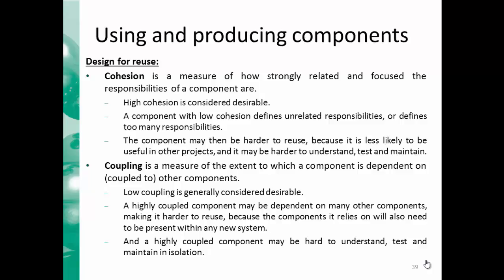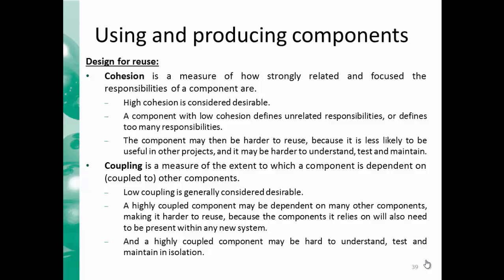A component with low cohesion is hard to use, hard to understand, and hard to test. The other feature that a component should have is low coupling. Coupling is the measure of the extent to which a component is dependent on other components.